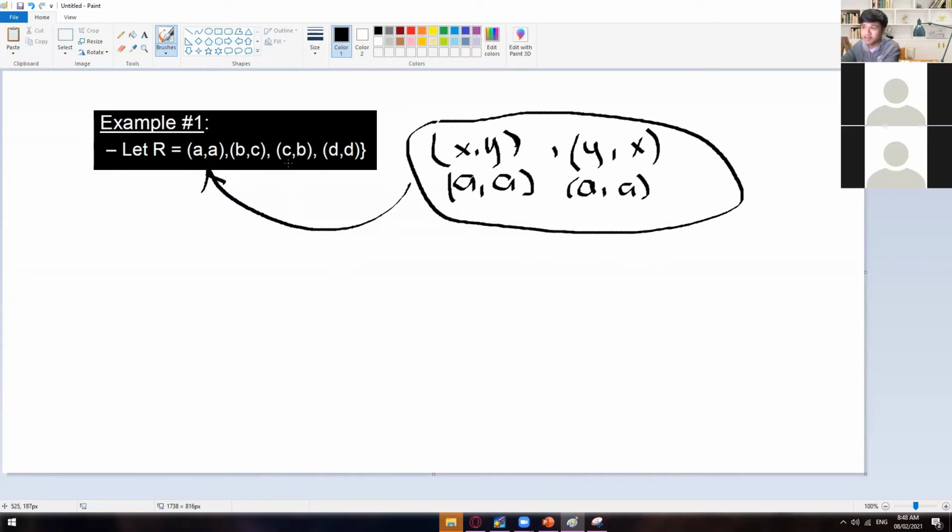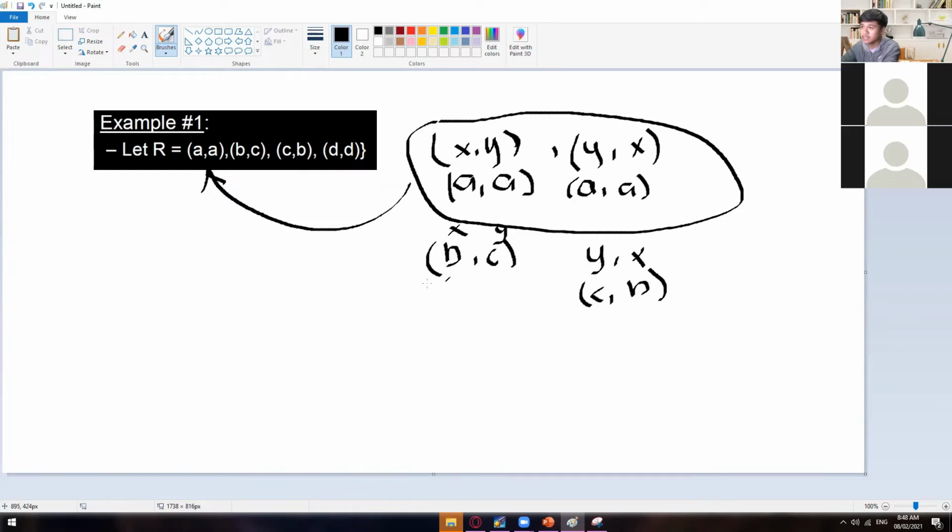Okay, and as you can see, for this second ordered pair, we have (b, c), then we should also have (c, b). So this is our X, this is our Y. So just interchange those. We have (y, x), which is (c, b), and then (b, b). We also have that one in our list of ordered pairs.